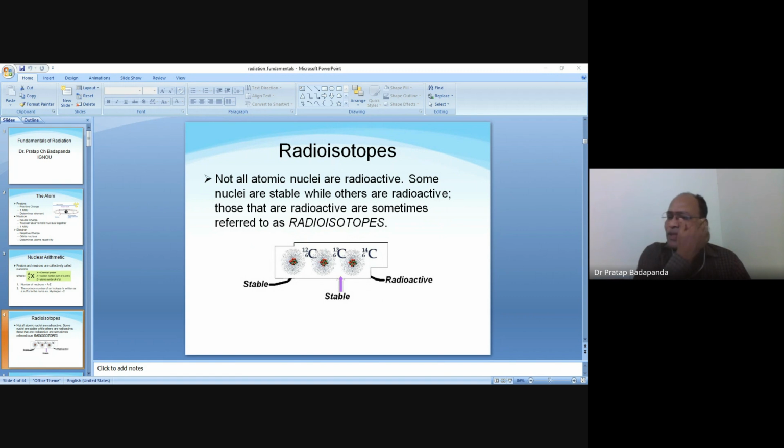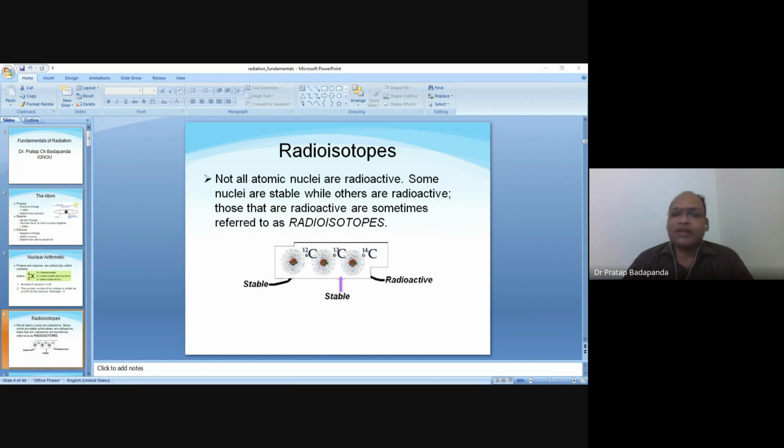If anything absorbs energy and emits something like X-rays, gamma rays, beta and other scattered particles, then it is really radioactive in nature. But not all the elements present are radioactive in nature. Some nuclei are stable, while others are radioactive.